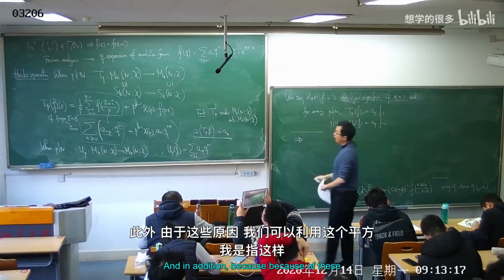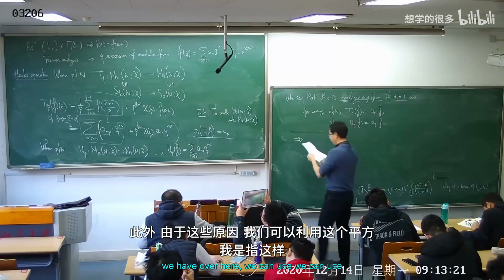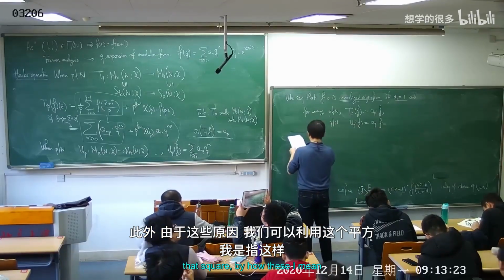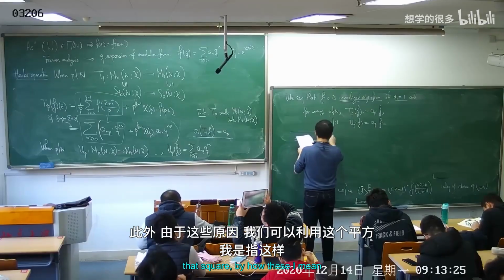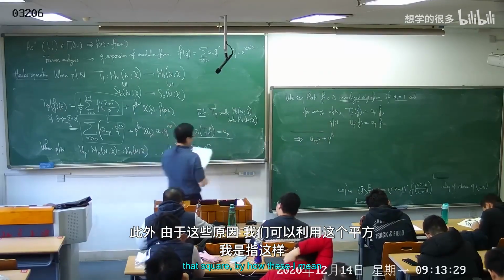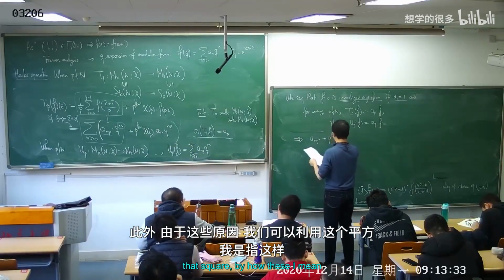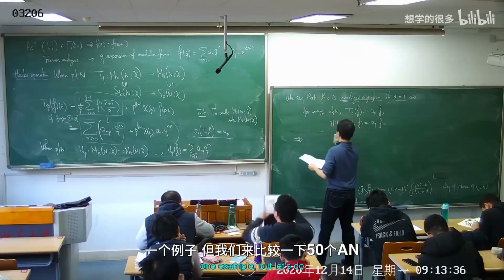And in addition, because of these recursive relations we have over here, we can deduce the relation for a_{np} and a_{np^2}, just by looking at how these expressions work. Maybe do one example.